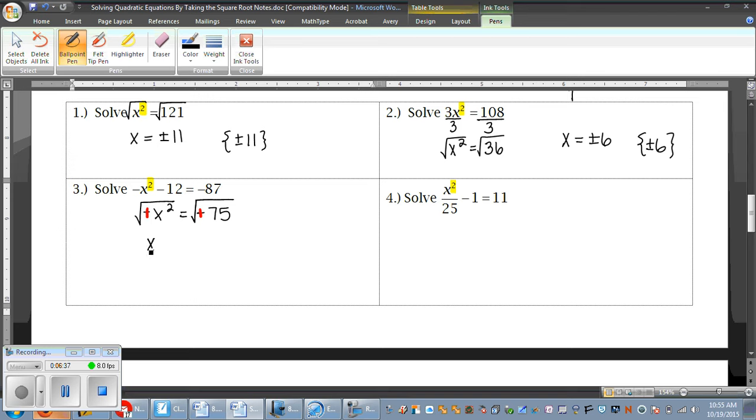Now 75 is not a perfect square, so I'm going to have to simplify it by separating it into 25 times 3. I use 25 and 3 because 25 is a perfect square. I can take the square root of 25 and get 5. The 3 stays underneath the square root, and I put a plus or minus in front of my answer. And finally write it in brackets.